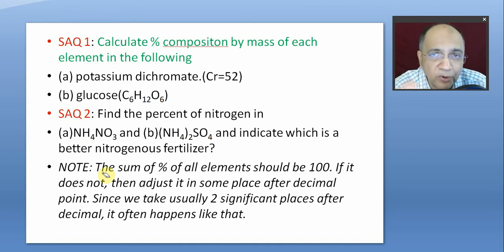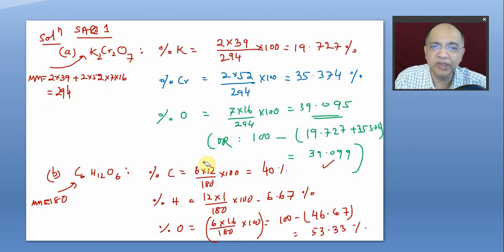Because the sum of all these will become 100. Otherwise, the examiner will find the sum of all the percentages is not coming 100, it is a little less or a little more. So that will be found very weird. That's the reason why I told you while calculation.